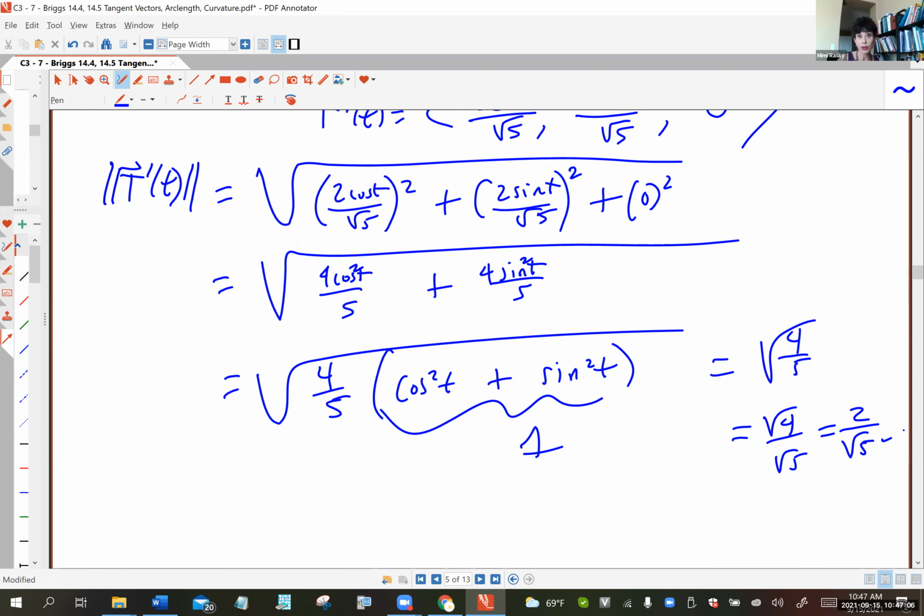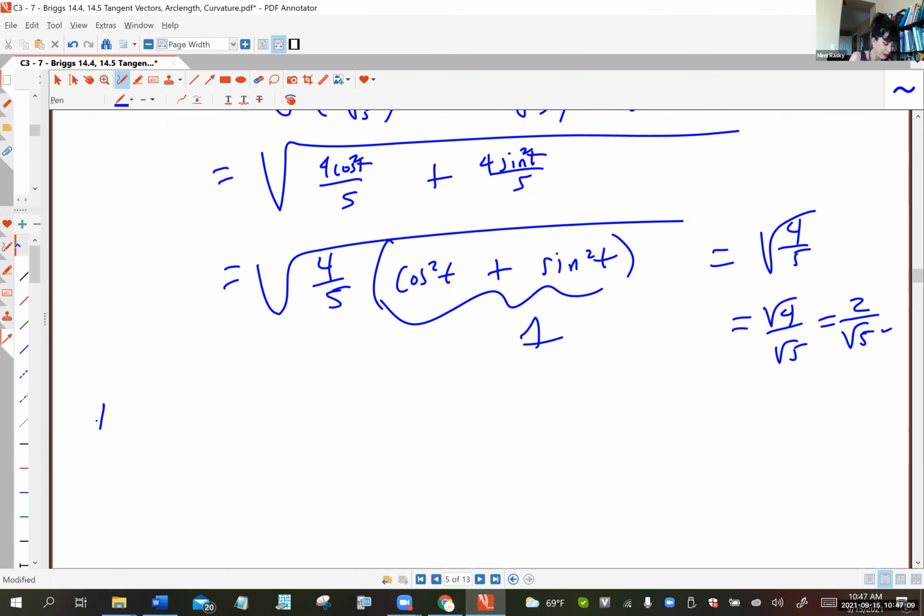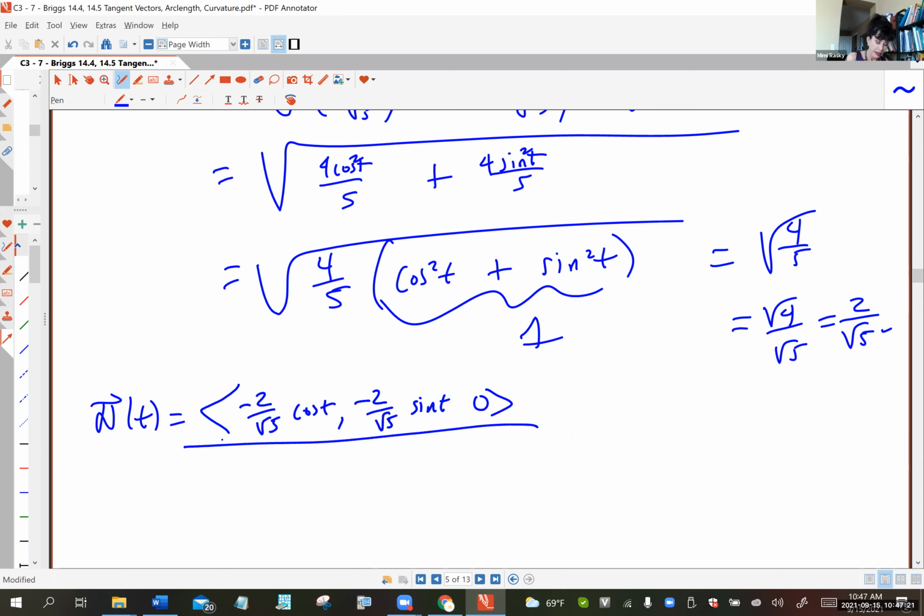Okay, now what? Well, we're going to use that because big N, remember, is big T prime, which I'm just going to copy over here, divided by the magnitude of big T prime. And don't leave it like this, clean it up, reduce to lowest terms.